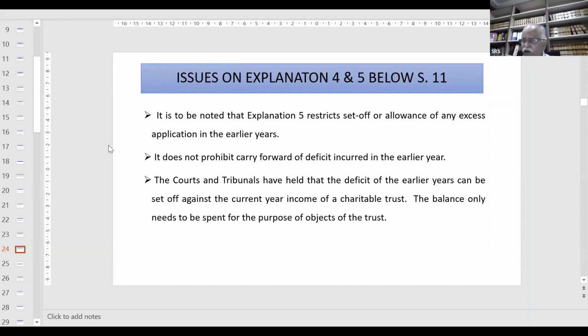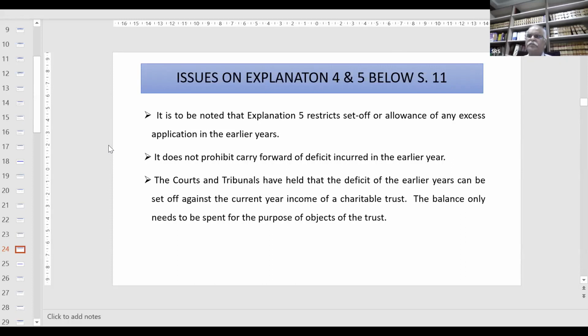To run your education, to run your institution, you have incurred normal revenue expenses, which would normally be deducted from your income, and the balance will be the net income. This is what will be exempt under section 11.